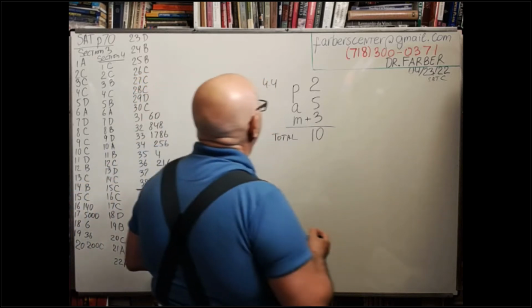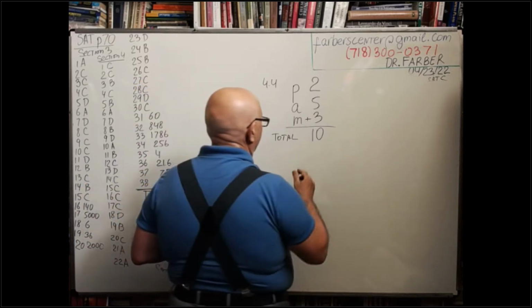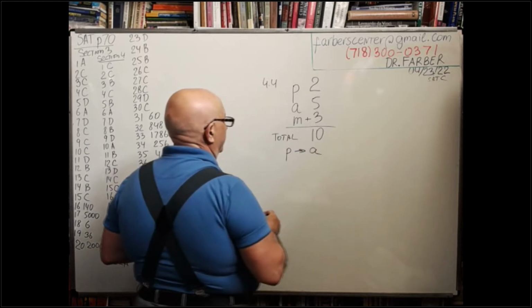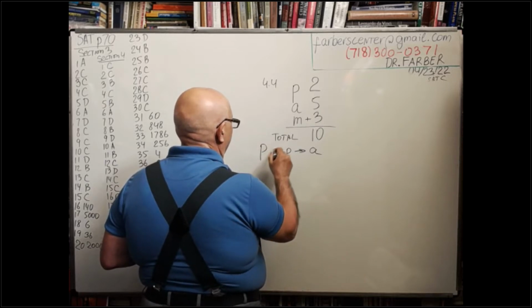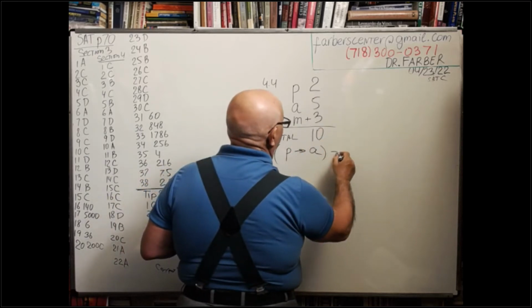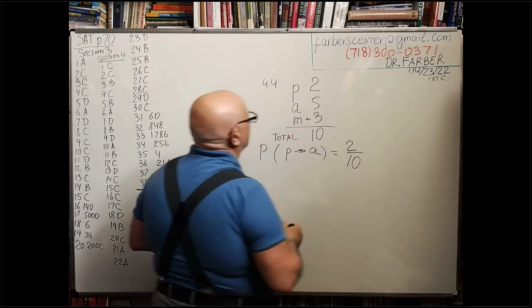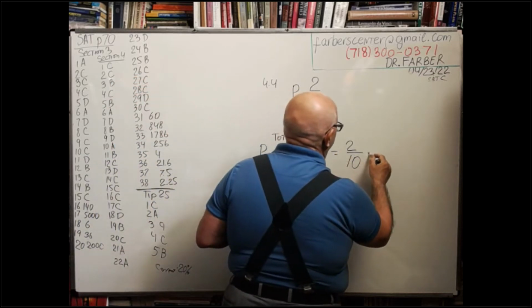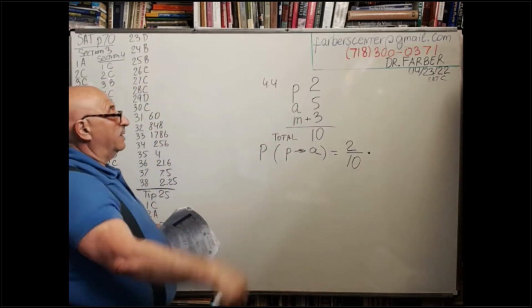So for P followed by A, you have to find the probability of P followed by A. And it would be 2 out of 10. Usually we count probability as favorable outcomes over total. But this is without replacement. You took one and you do not put it back.